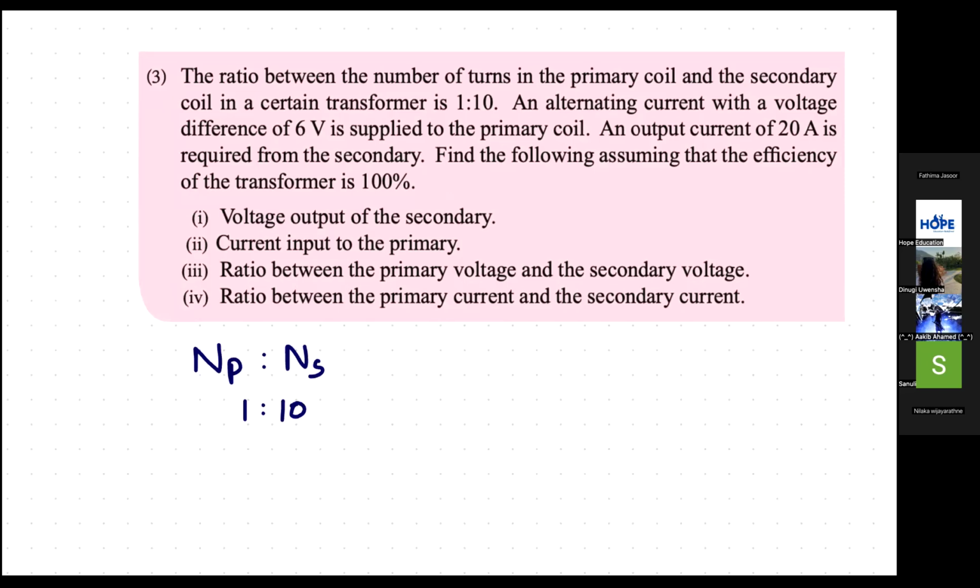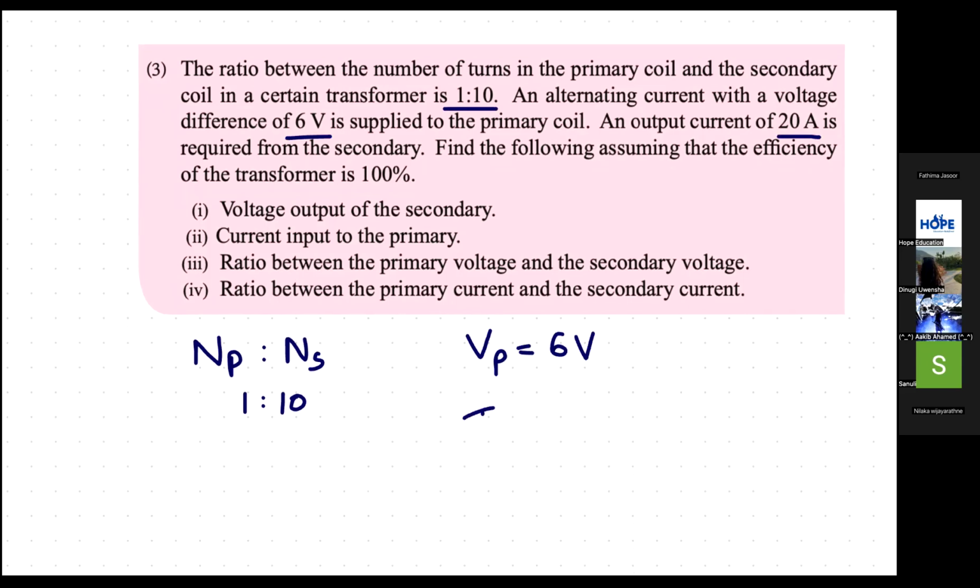An alternating current with a voltage difference of 6 volts is supplied to the primary coil. Again, VP is 6 volts. An output current of 20 amperes is required from the secondary coil. The output current of the secondary coil, that is IS, is 20 amperes.